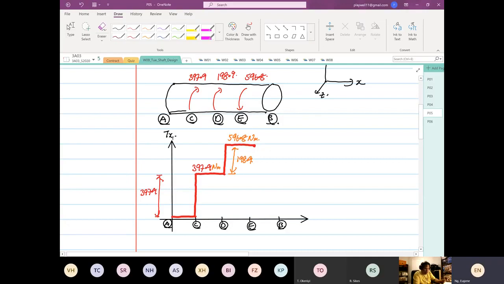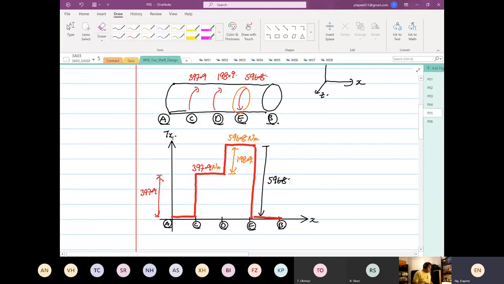And then at point E, it goes in the reverse direction, yes or no? It goes in the reverse direction, so now it comes down to 0. So it comes back down by 596.8. Are we clear? This is how you draw it.